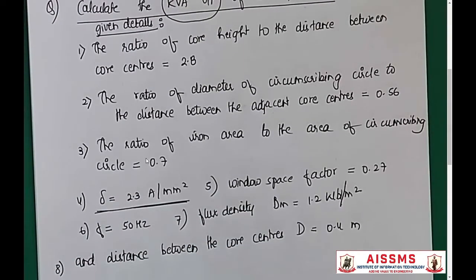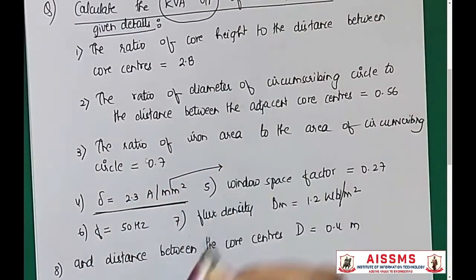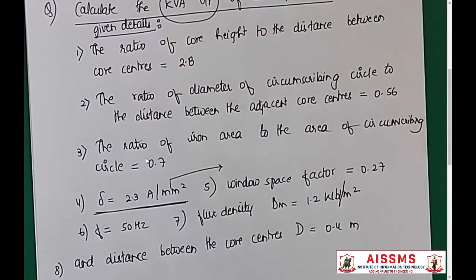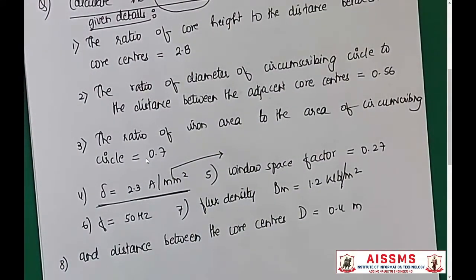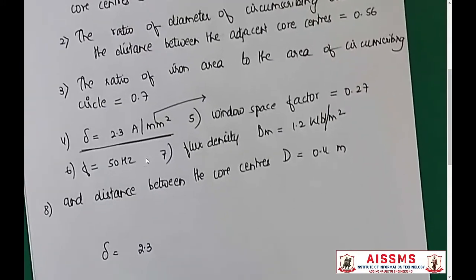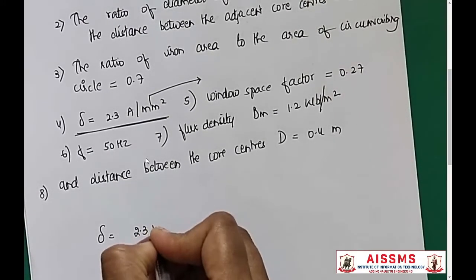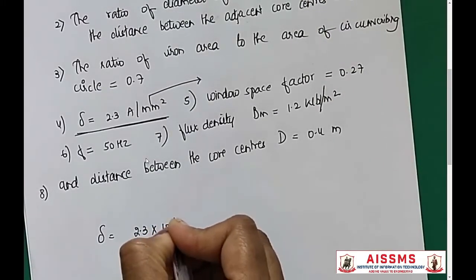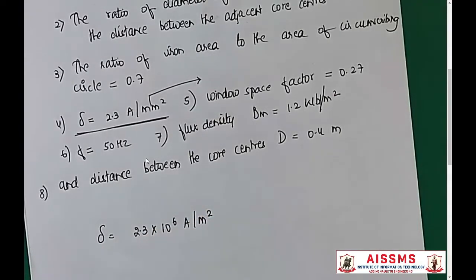So before beginning, this has to be converted. So delta, that is current density, is equal to 2.3 into 10 raised to power 6 ampere per meter square. Students, we have to be very careful with conversion of these units, otherwise the whole numerical would go wrong.